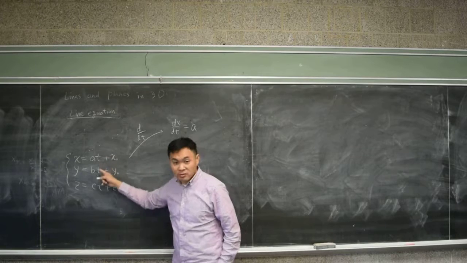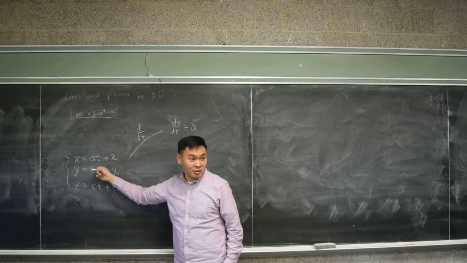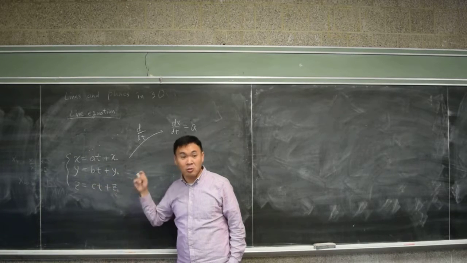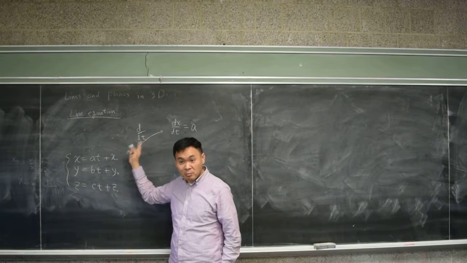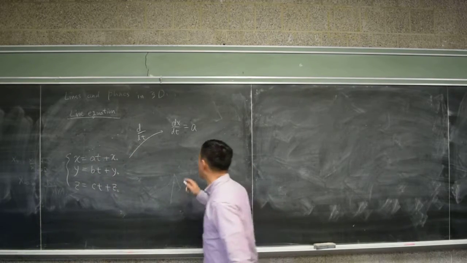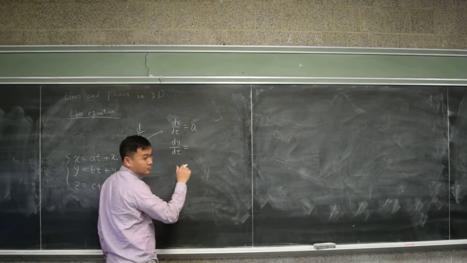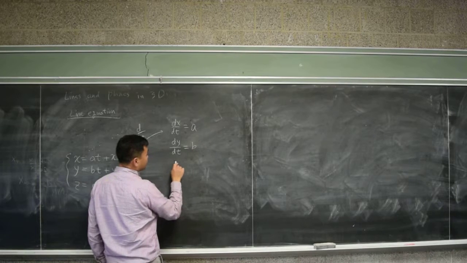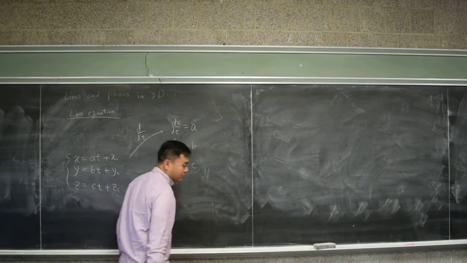We're treating these as functions of t, and you're just treating a and x naught as other variables, as numbers. So if you differentiate this, x naught is a constant, so that becomes 0. If you differentiate at, it's just a. What's dy/dt? B. dz/dt? C.